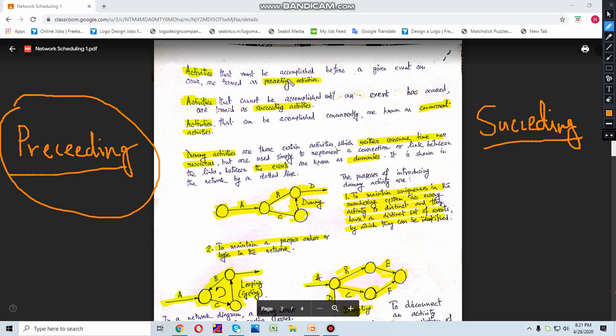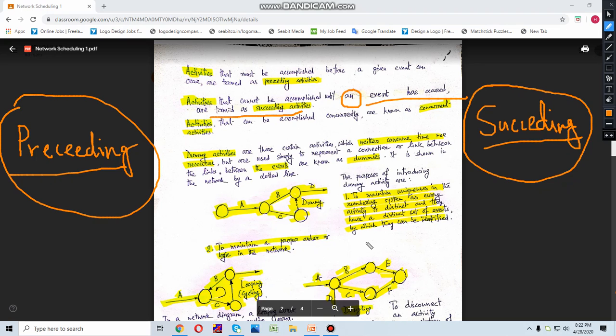Activities that must be accomplished before a given event can occur are termed preceding activities. Similarly, activities that cannot be accomplished until an event has occurred are termed succeeding activities.